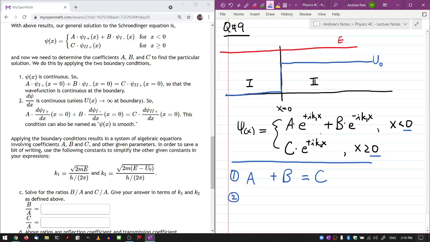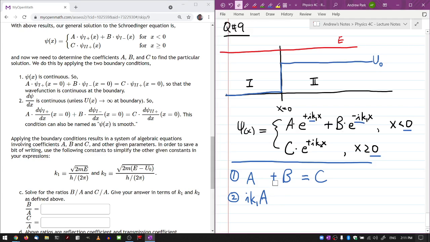For the second, I'm going to do two things at the same time in my head, just saying it out loud. I need to take the derivative and then plug in the value of x equals 0 for the second boundary condition. And because these are all exponentials, taking the derivative will be easy enough. So when I take the derivative of the first term, I get from the chain rule a factor of i k1 coming down. So it's going to be i k1 times A times e to the 0, or 1, plus for the second term, it's going to bring down a factor of minus i k1.